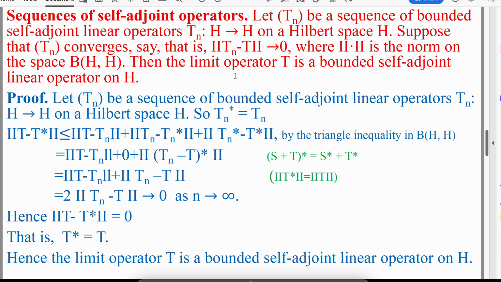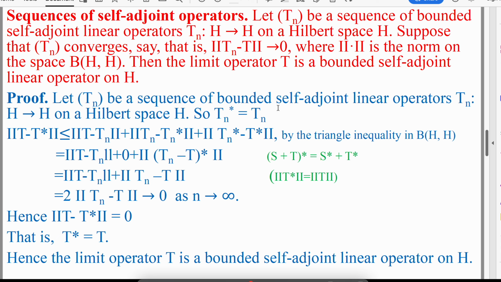Here it is given that Tn is a sequence of bounded self-adjoint linear operators on a Hilbert space H. It means Tn star is equal to Tn.